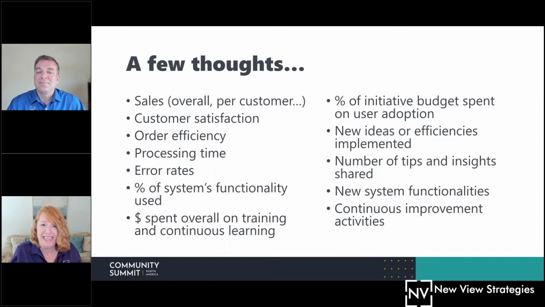Where do I even begin? Exactly. We threw out a couple of measurements, potential criteria for you to consider. Again, you really should tailor this according to what your goals are at your company and also your culture. We haven't even touched on the culture point yet, and we'll come back to that.